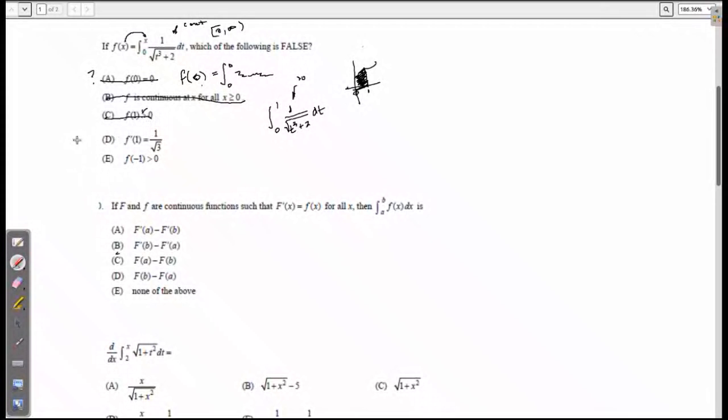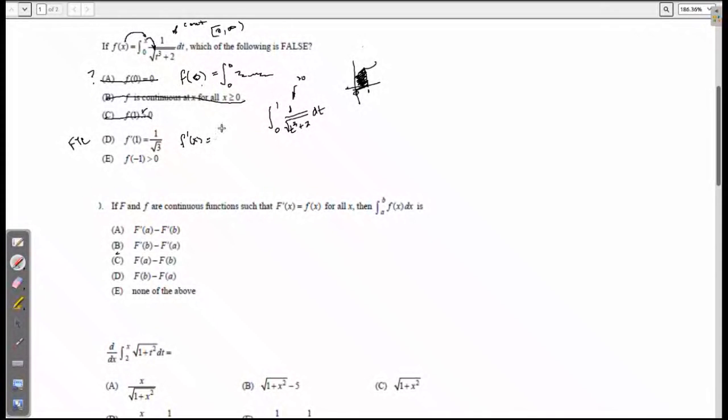Choice D, this is where we're actually applying the fundamental theorem of calculus and why I've chosen this problem for this section. The idea here is that if f of x is equal to this, then f prime of x is what I'm going to get when I substitute x in for t.